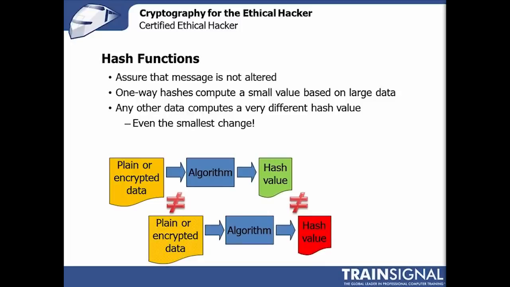If you think of it as a thumbprint, any other data is going to leave a slightly different or a drastically different thumbprint. But in all likelihood, only that same data is going to result in that same thumbprint.